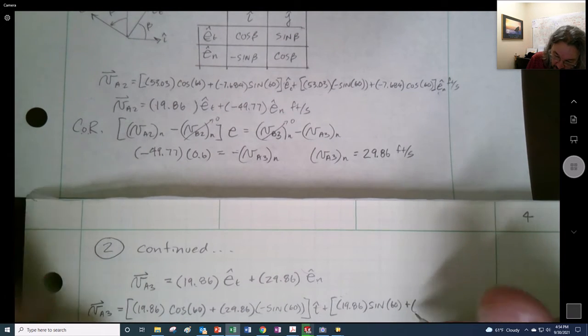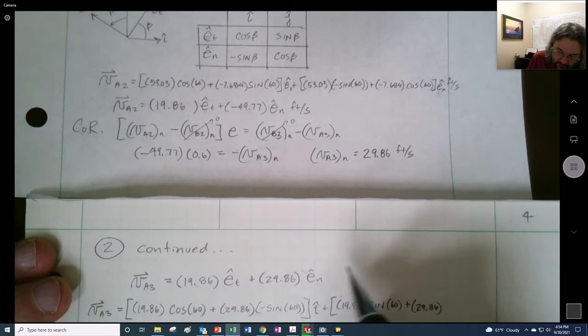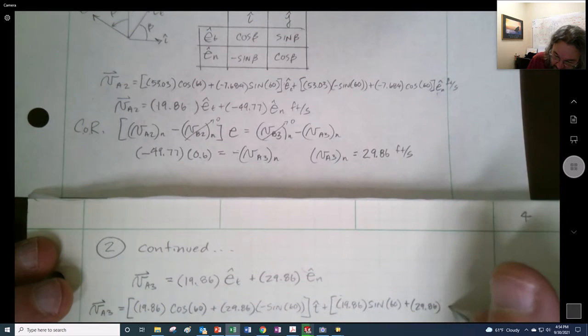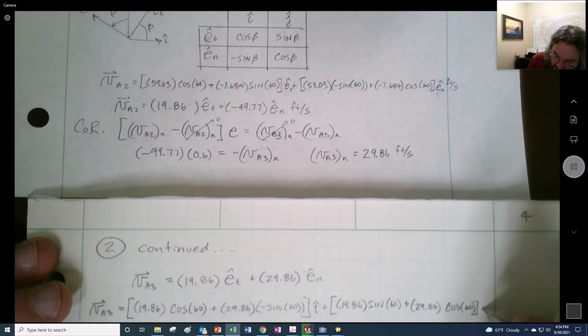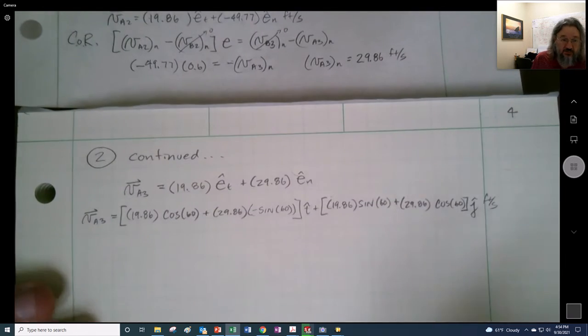Plus 29.86 times the cosine of 60. And this is J. Feet per second. Okay.